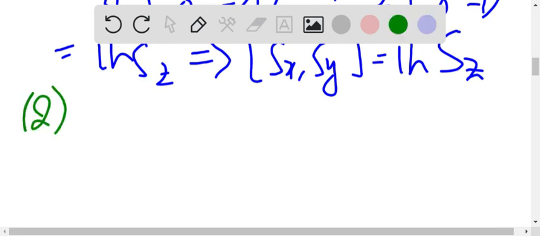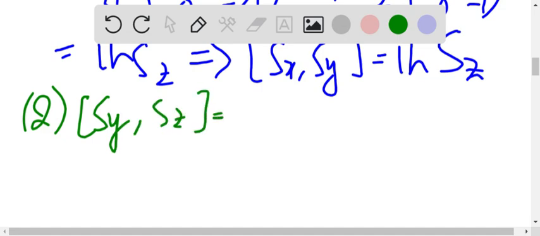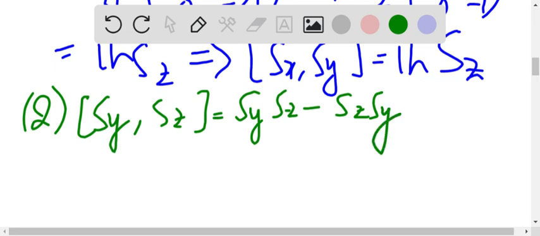So for part 2, we have that the commutator of S y and S z is equal to S y S z minus S z S y.